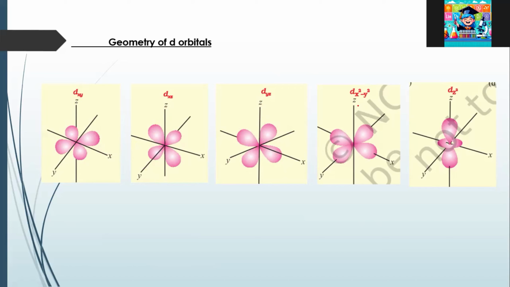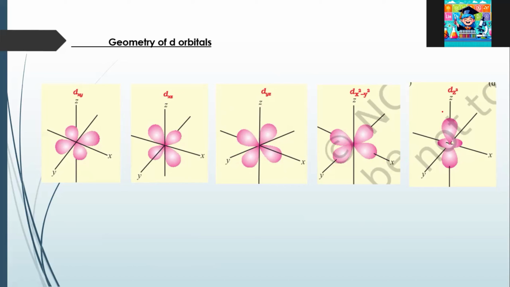Now coming to dx square minus y square, the shape is kind of similar. The difference is that in this d orbital, the lobes are in the x and y axes, not in between the axes as in the first three cases, but along the axes.